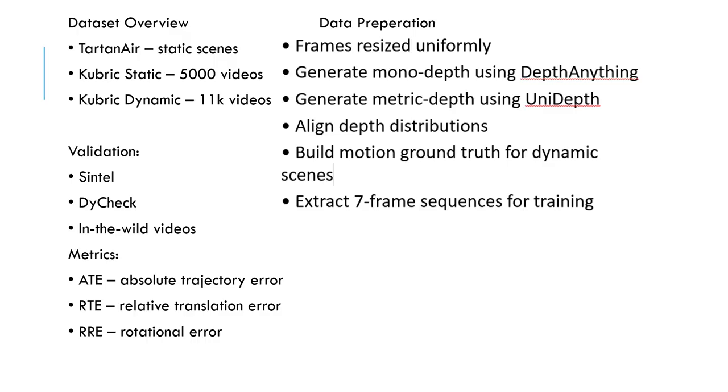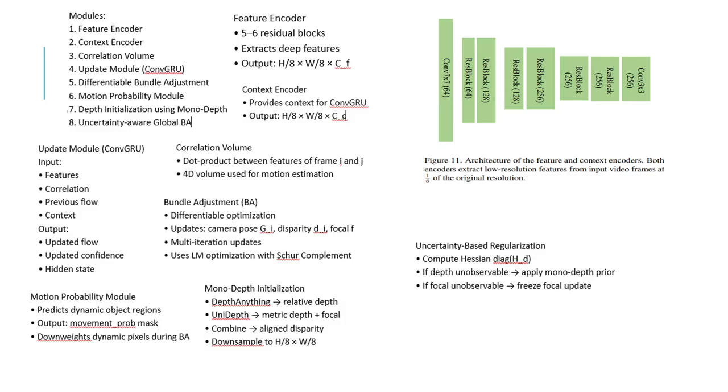In my data preprocessing step, I generate mono depth using Depth Anything, which gives relative depth, and metric depth using UniDepth. UniDepth gives both metric depth and focal length, and we combine both to align disparity, and then downsample to the required H/8 by W/8. We integrate the feature encoder, context encoder and mono depth initialization to align together.